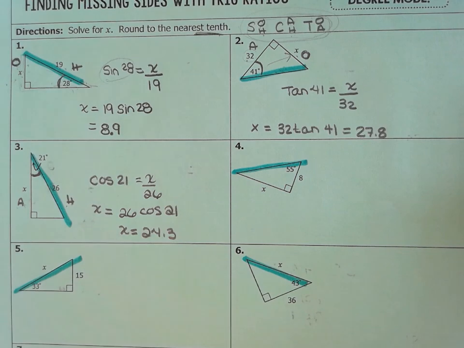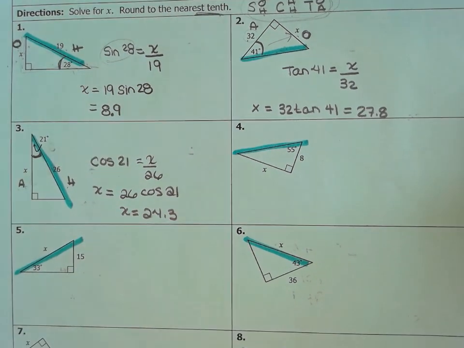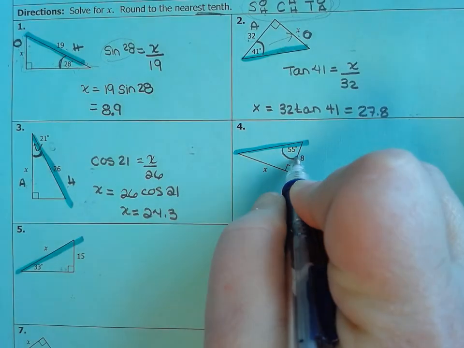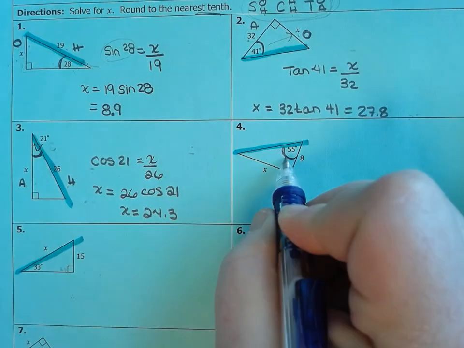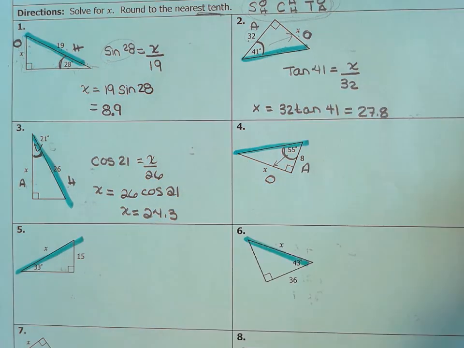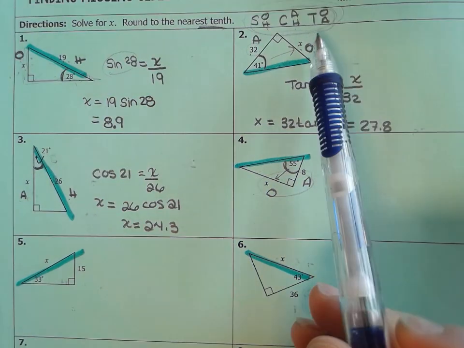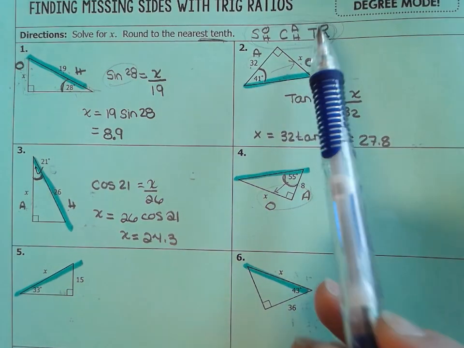of problem coming up. So here, once again, I mark my angle, and according to this, this is my opposite, and this is my adjacent. So the trig ratio that uses opposite and adjacent is tangent. So I set it up again.